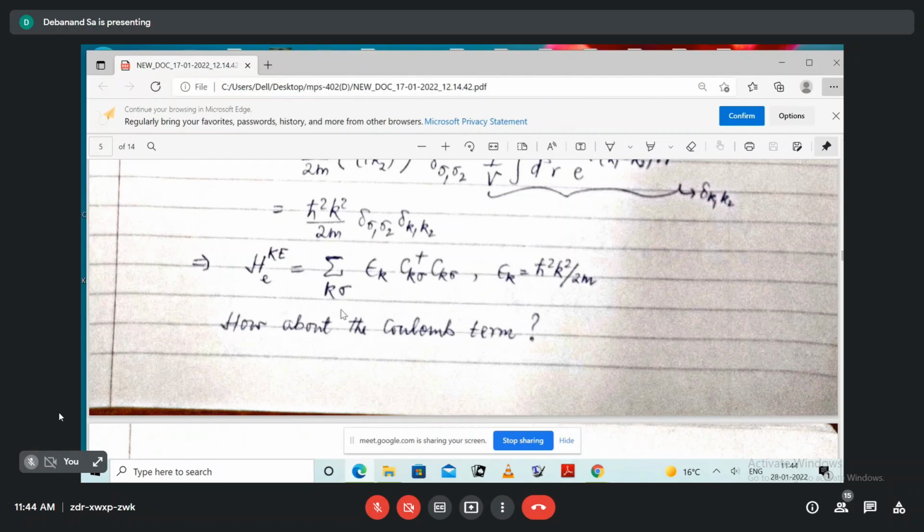See, if I say kinetic energy and write down this, then you already see that this is written in a plane wave basis, where your k state is basically a plane wave state and epsilon k is the eigenvalue.